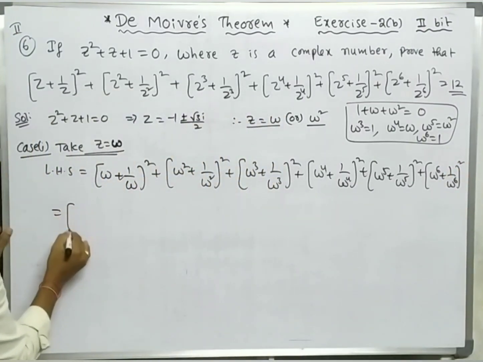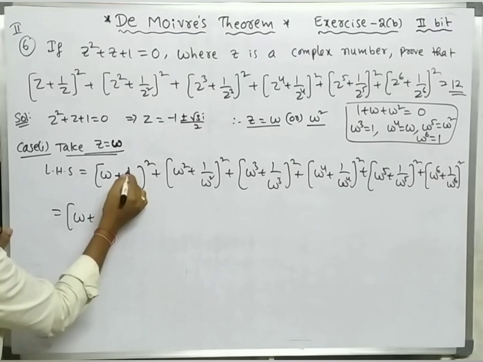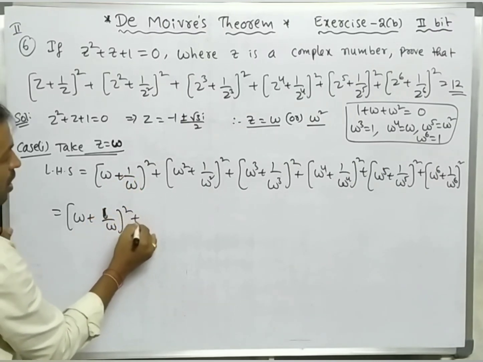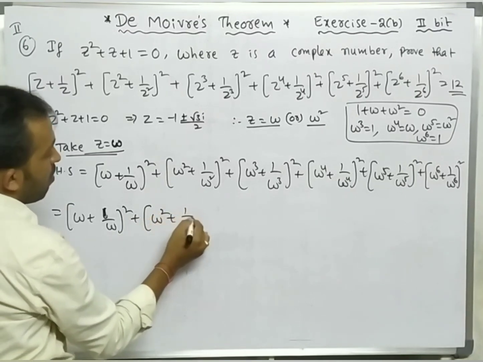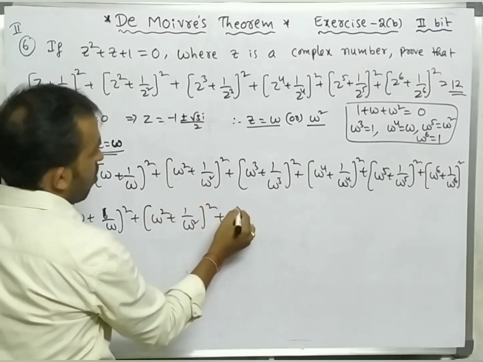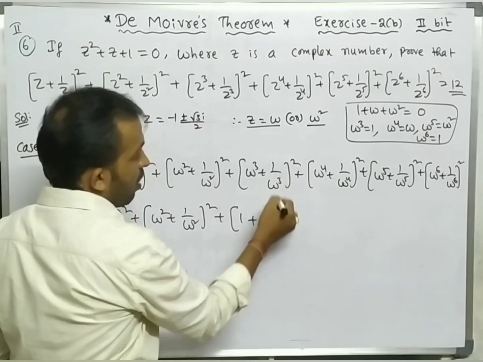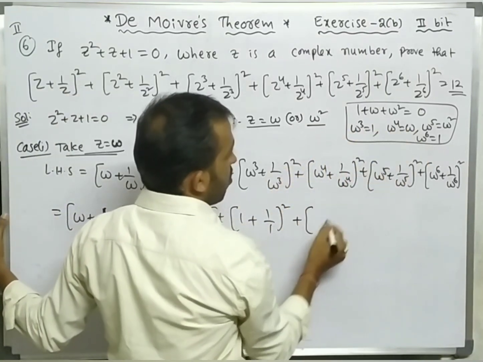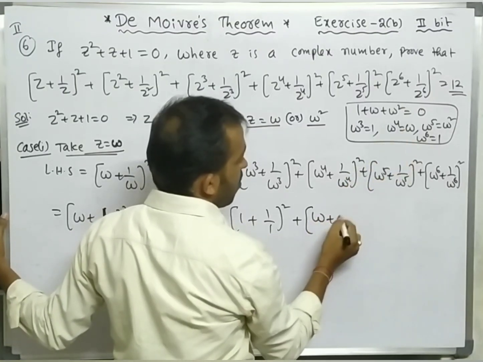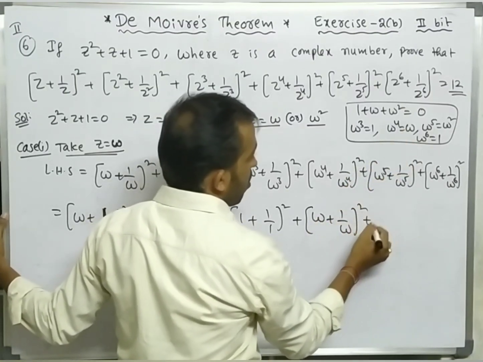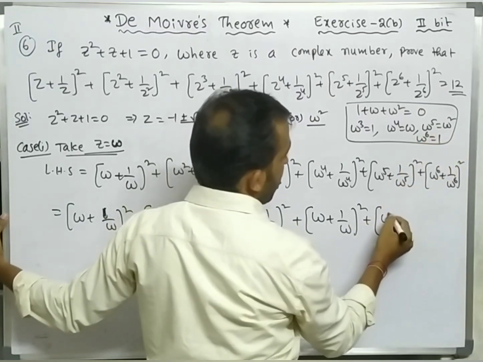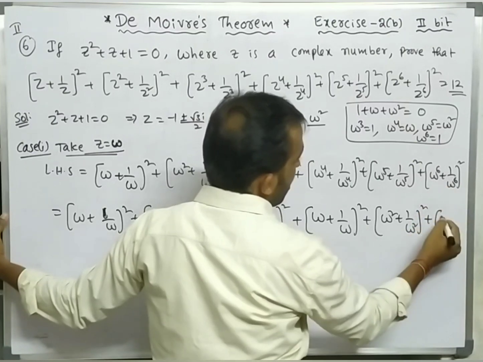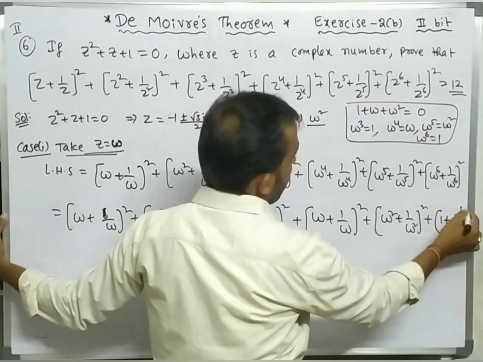Now, omega plus 1 by omega whole square plus omega square plus 1 by omega square whole square, omega cube is 1, so 1 plus 1 by 1 whole square, since omega cube value is 1, right? Next omega power 4 is omega, so omega plus 1 by omega whole square, omega power 5 is omega square, so omega square plus 1 by omega square whole square, omega power 6 is 1, so 1 plus 1 by 1 whole square.